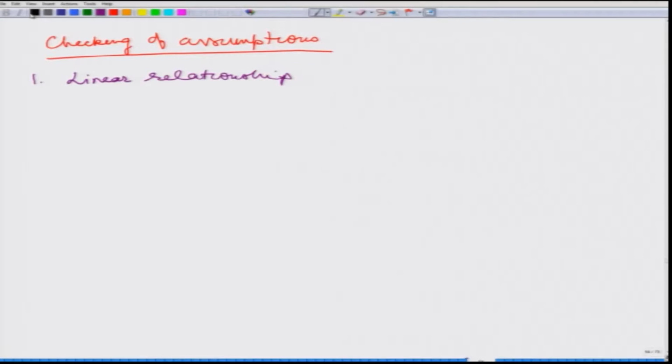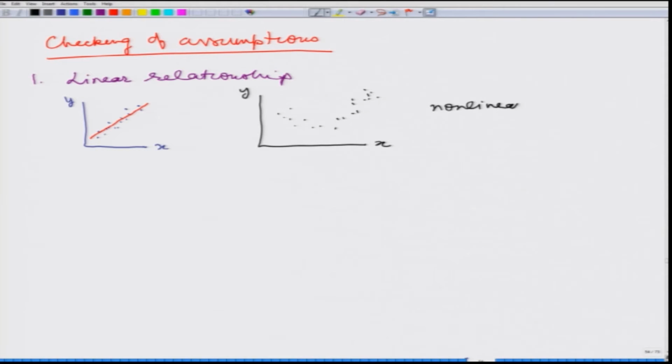In the case of a simple linear regression model, it is not difficult, as we have earlier discussed. We simply need to plot a scatter diagram between x and y, and if we get a trend like this one, one can see that possibly a linear model can be fitted. On the other hand, if we get a relationship like this one, a curvilinear relationship, this shows that possibly a non-linear relationship is more suitable.